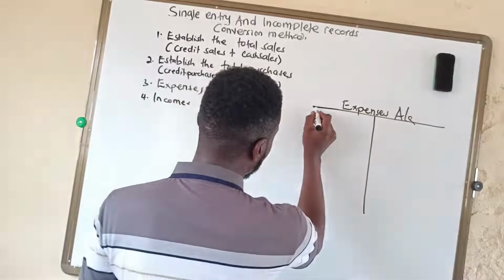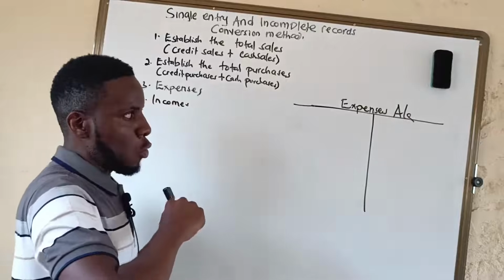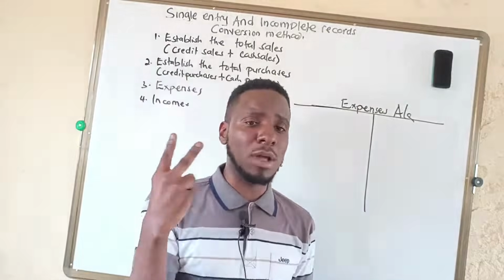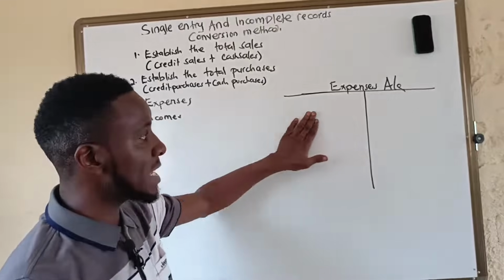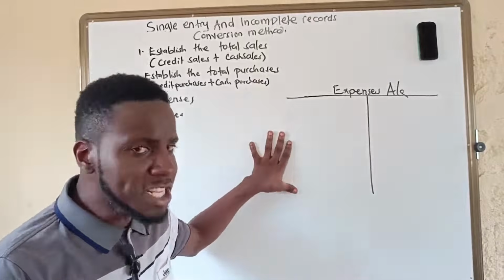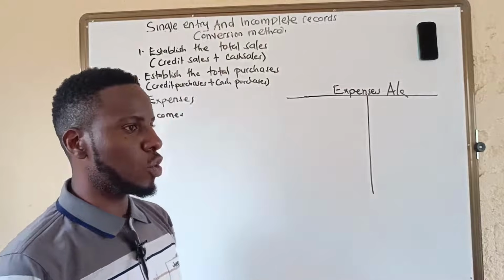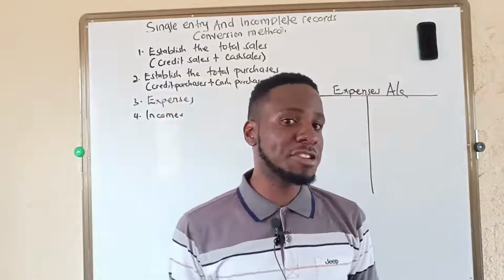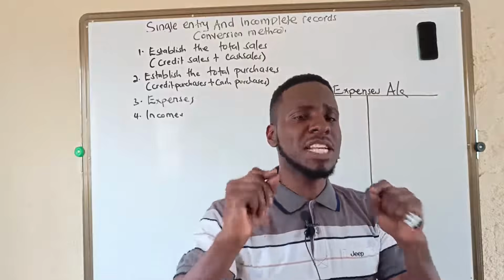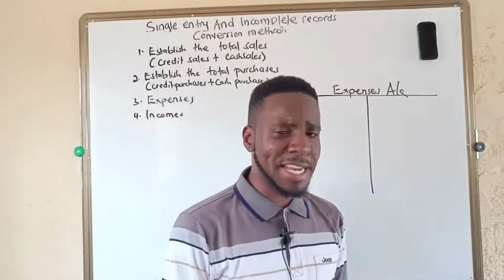Now, remember, we have two things here, and I would like to talk about them in the same thing. For example, if an expense, let's say like rent, is prepaid, what do? Remember I told you in the introduction to financial accounting video that if something is prepaid, it is an asset.